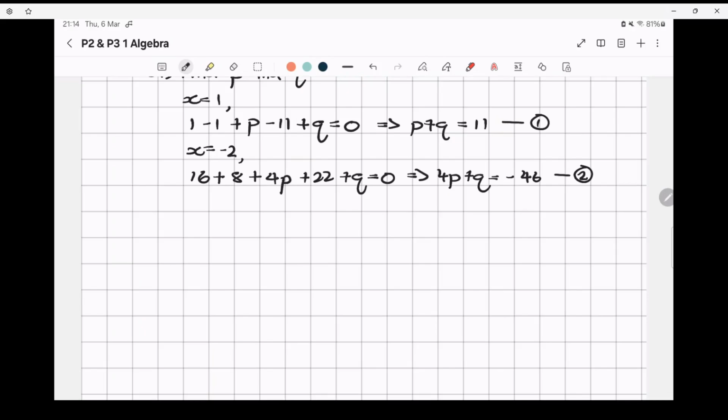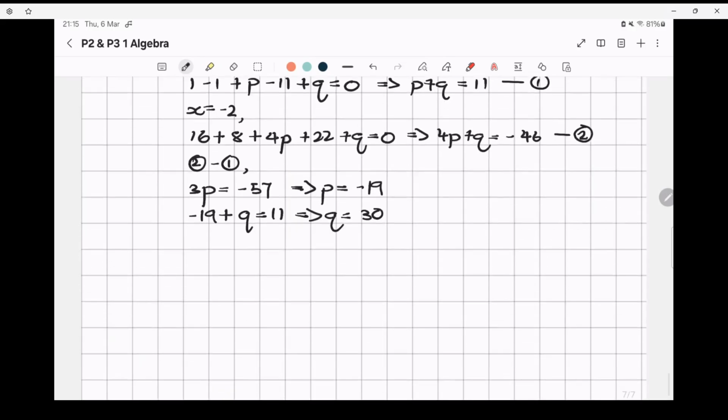So 2 minus 1, that will give you 3p, which is minus 57. So p will be minus 19. So then minus 19 plus q equals 11. Q will be 30.